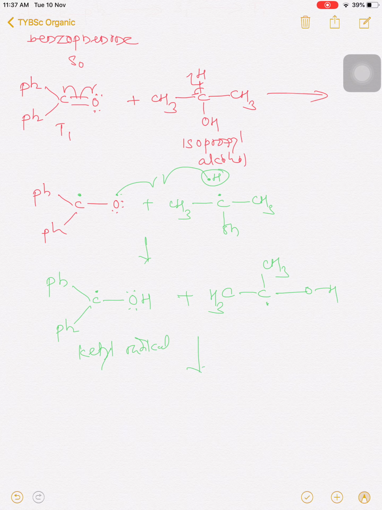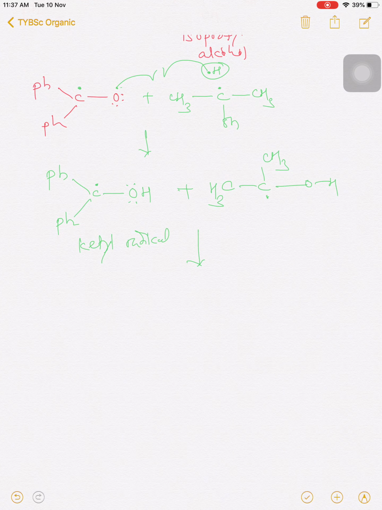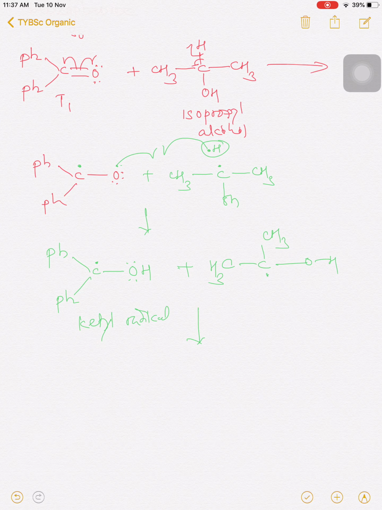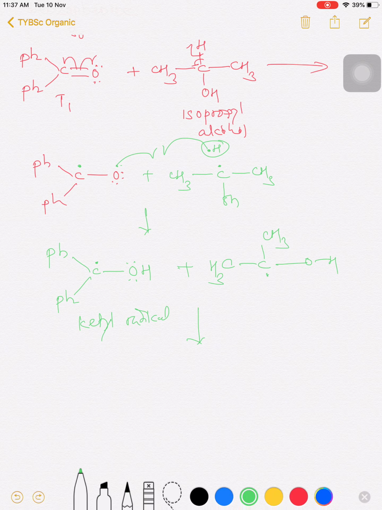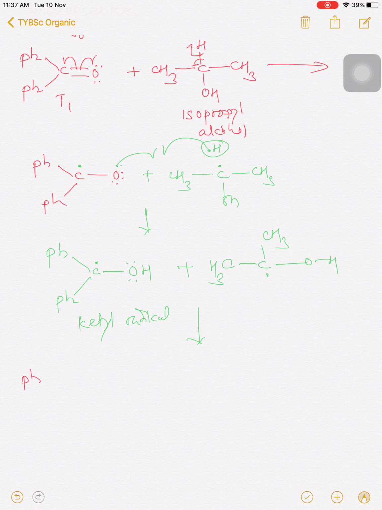Then in the next step, again the second molecule of benzophenone, Ph, C, Ph, with oxygen having a radical. This molecule abstracts a proton from the second hydrogen of this isopropyl alcohol radical.